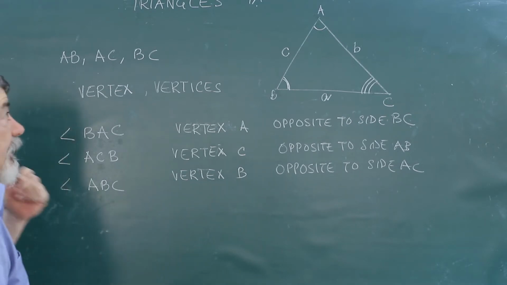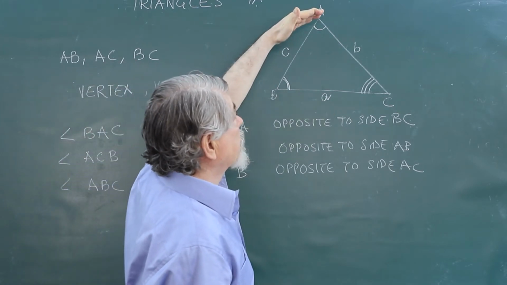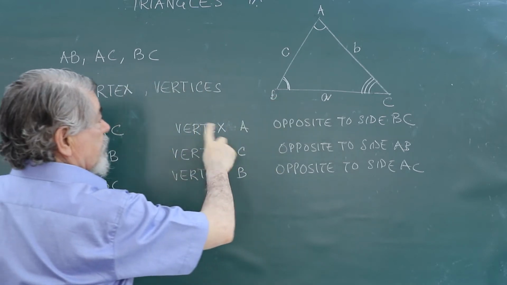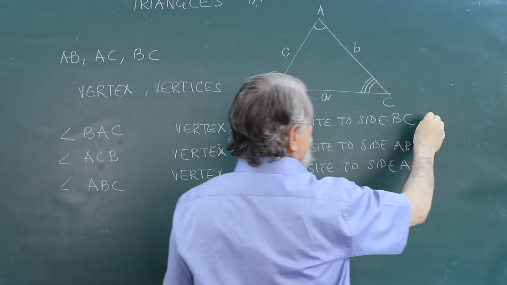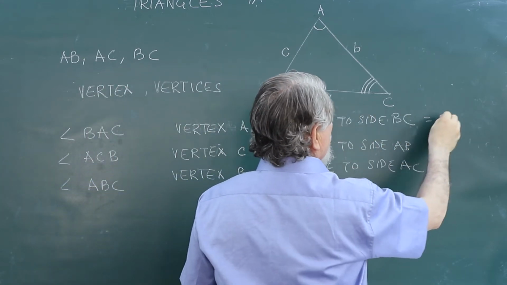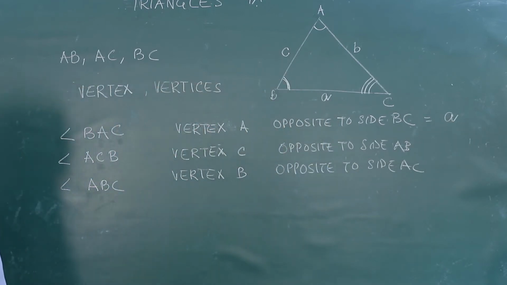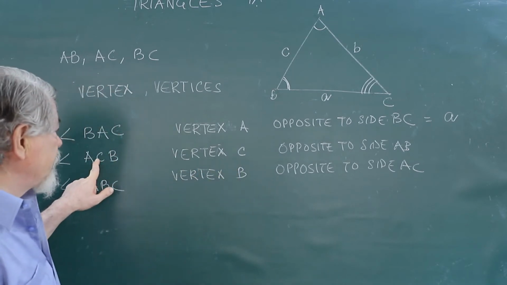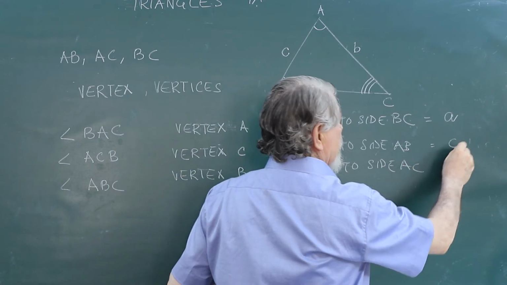Now, the side opposite to vertex A is side BC, which is also represented by small a. The side opposite to C is AB, and it is represented by small c.